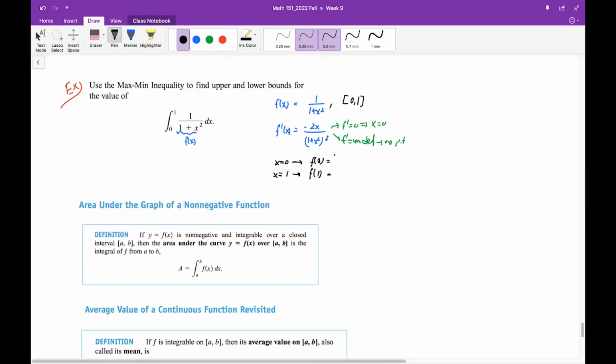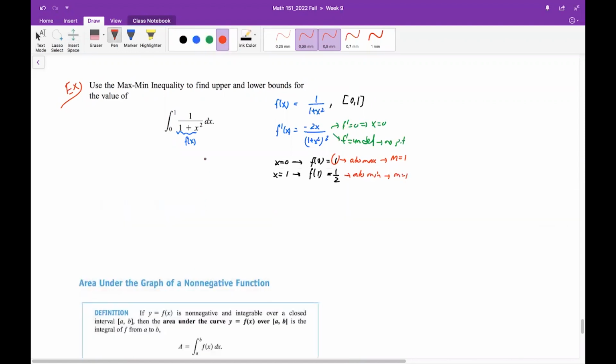So f of 0, insert 0 here, 1. f of 1 is 1 over 2. Insert just 1 here, 1 over 2. So you see this is the absolute maximum value, the biggest value of your function. So for the absolute maximum value, we will take the big letter M in that statement as 1. And this is the absolute minimum value of f. Let's name it as the small letter m. Now use the property.